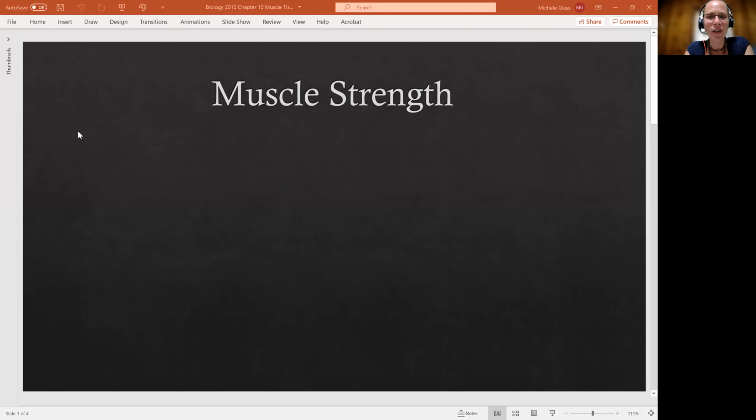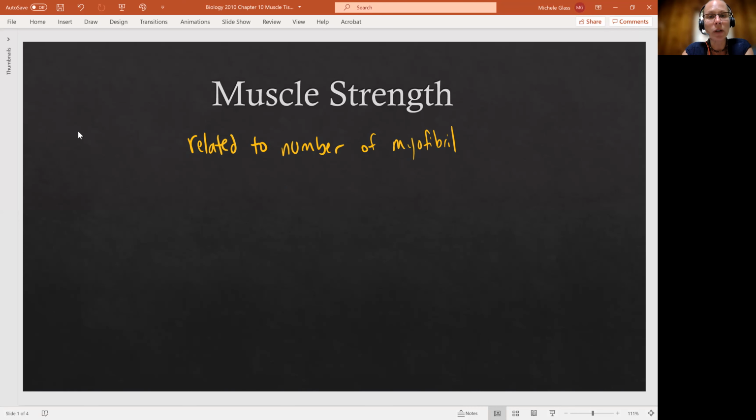Our topic here is muscle strength. So what we're looking at with muscle strength is that it's actually related to the number of myofibrils. The myofibril, remember, is the cylindrical shaped structure.